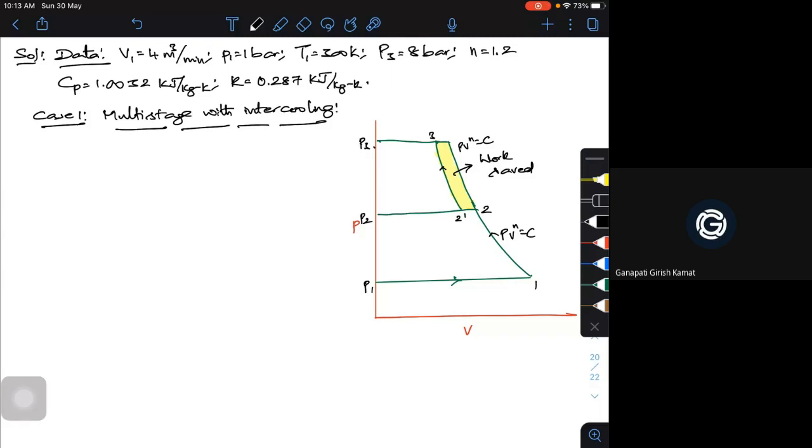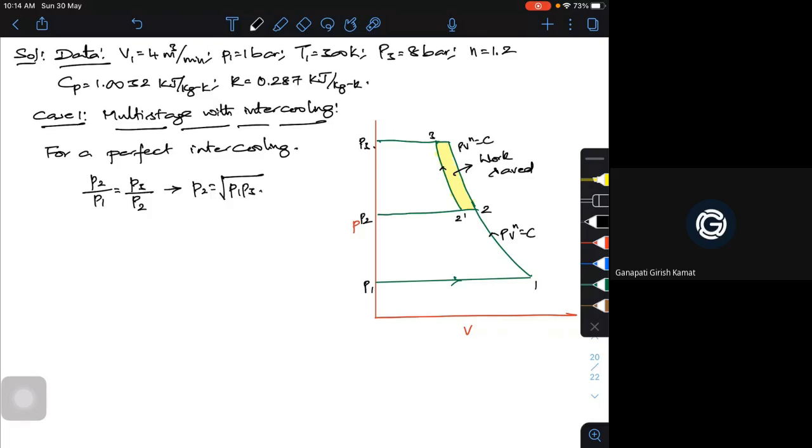This is also according to PV to the power of n is equal to constant. So we know that we have derived this for a perfect intercooling: P2 by P1 is equal to P3 by P2, or I can say P2 is equal to the square root of P1 into P3.